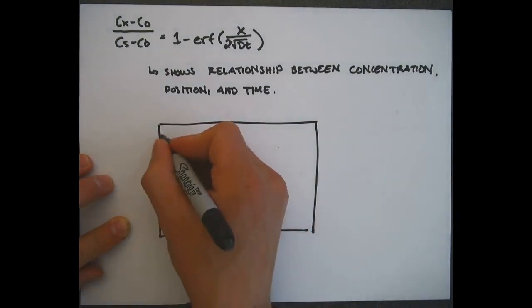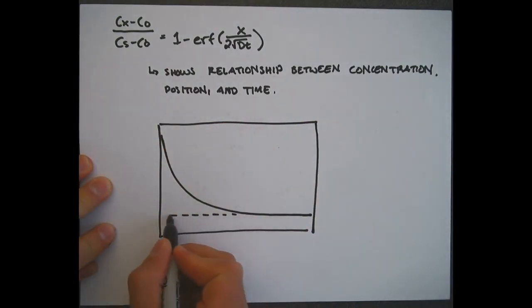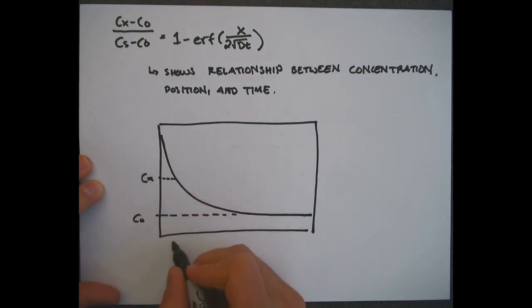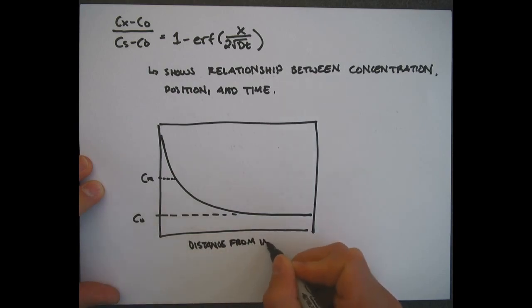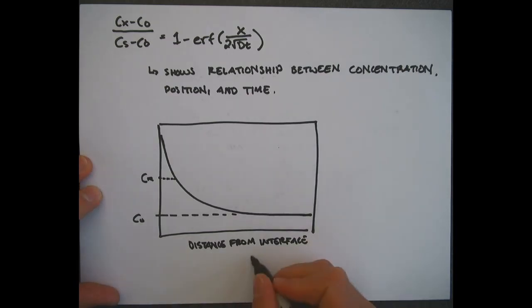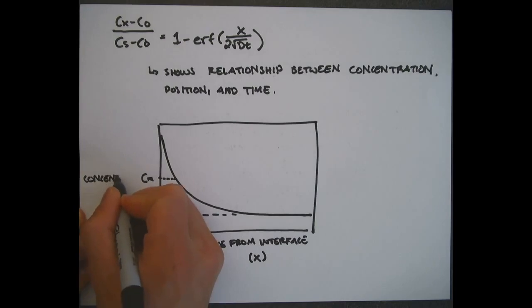So what this graph is going to show is all of our variables that were in that error function. We're going to see our C of 0 and our C of x. Now our x-axis is going to be our distance from the interface, x. Also, our y-axis is going to be the concentration.